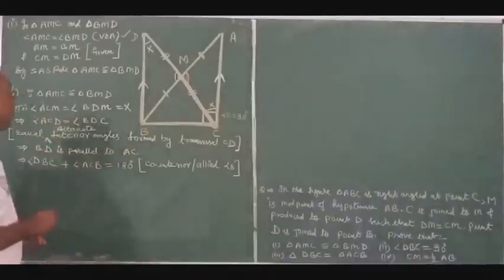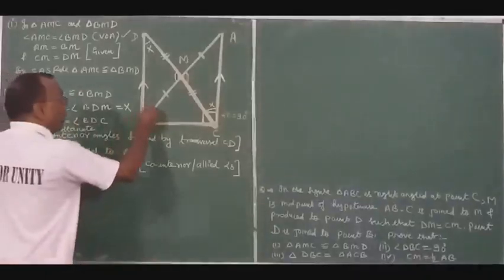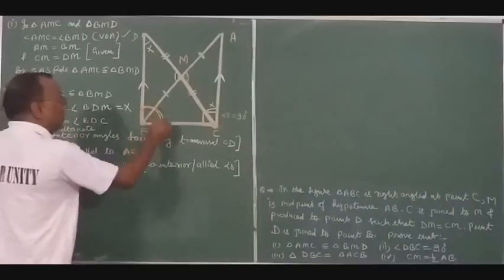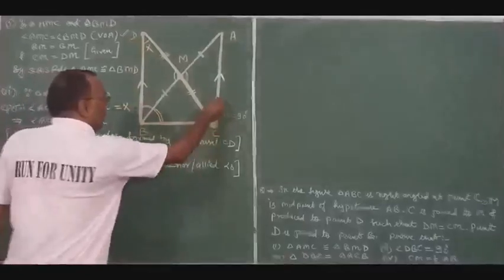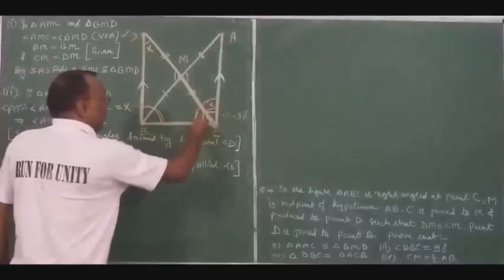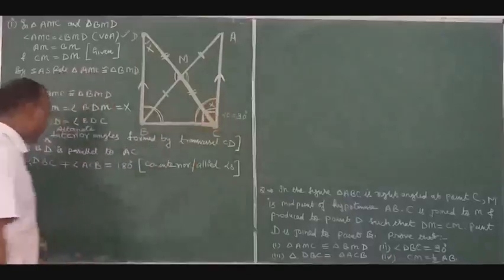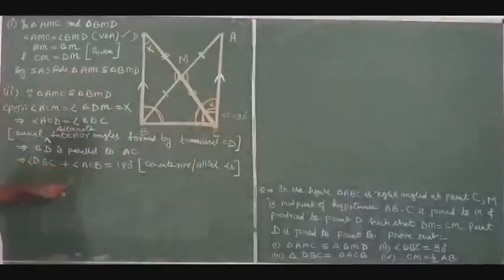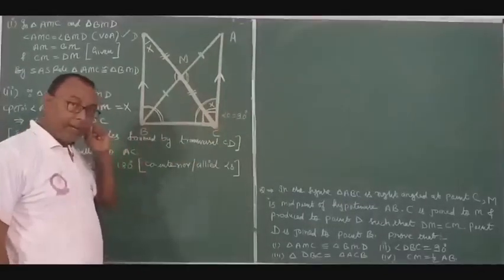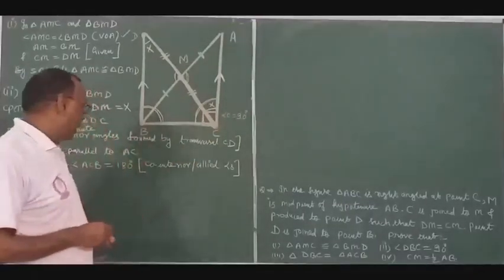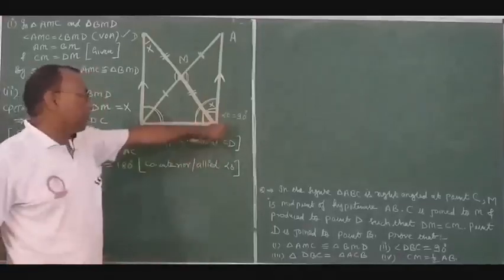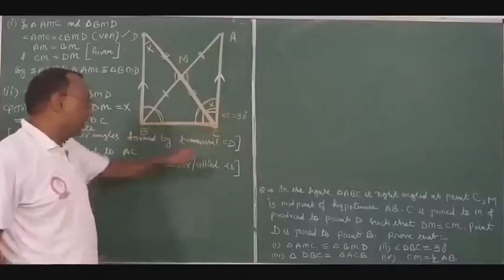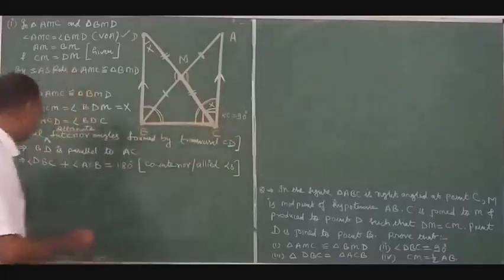It means these two angles, this one is DBC, and this one is ACB, their sum will be 180 because they are co-interior angles. And what is the value of the given angle ACB? It was given 90. ACB means angle C.